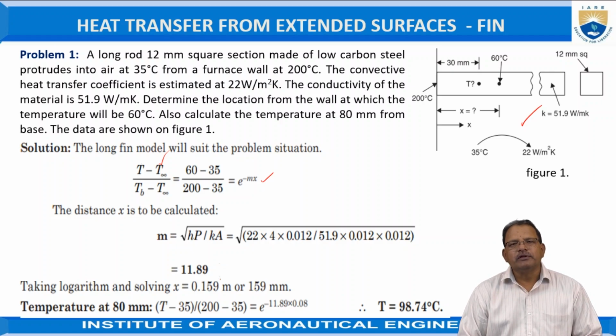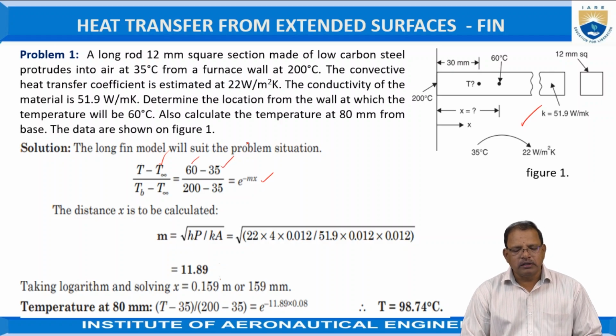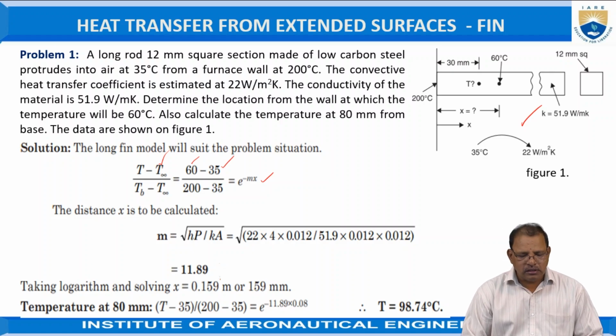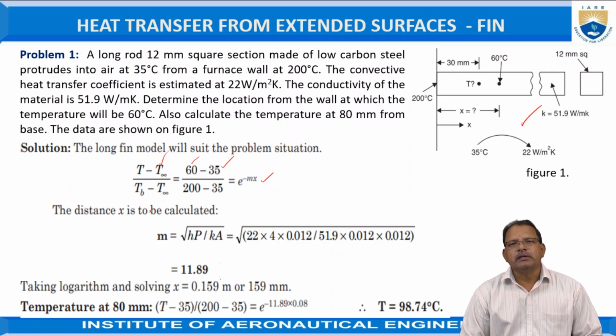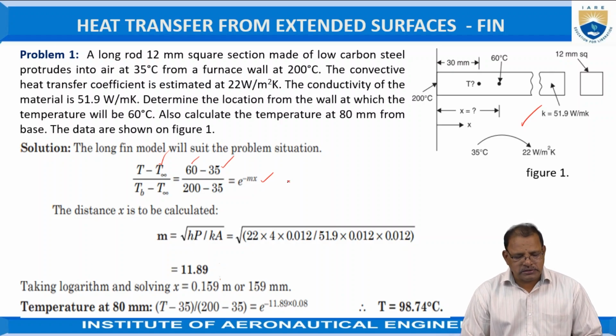Here 60 is representing T, equal to 60 degrees, and 35 is the temperature of the surrounding air, T alpha, minus TB, the temperature of the source, that is the furnace, minus T alpha, equal to 35. From this relationship we get e to the power of minus mx.